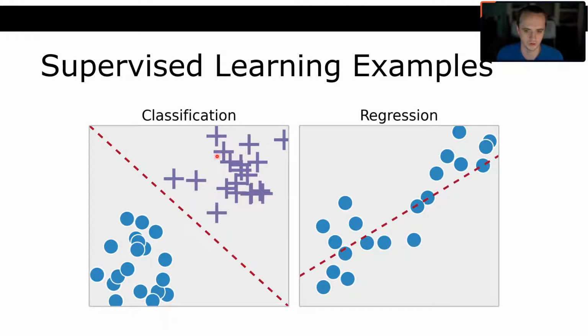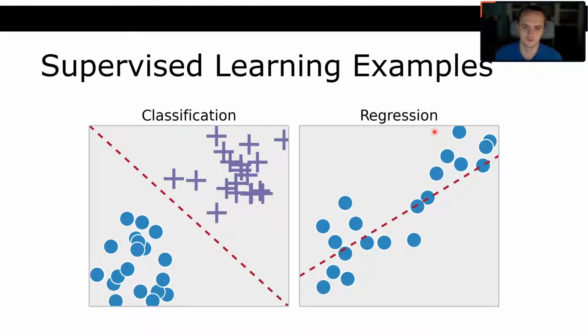So what happens here is that your algorithm, through whatever method, if you passed in another point, for example, a point right here, it would say that's probably a circle. Or if you passed in another point up here, it would say that's probably a plus.